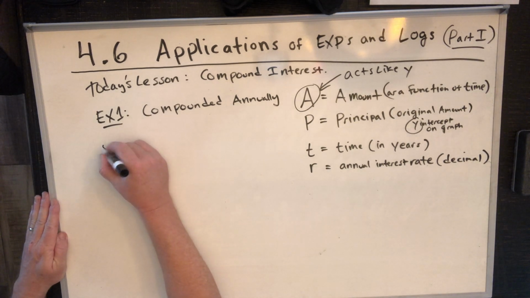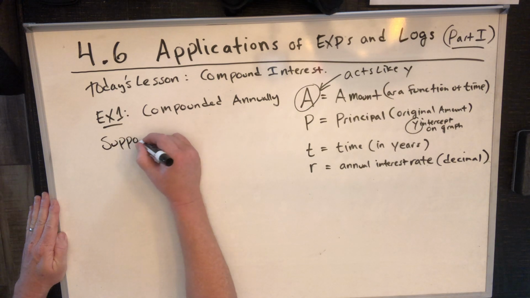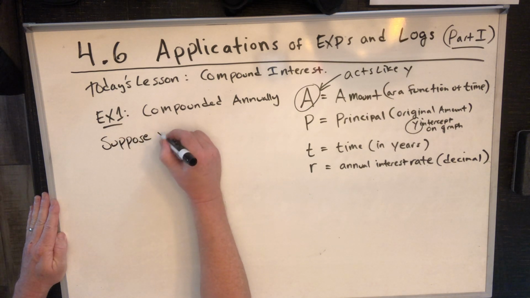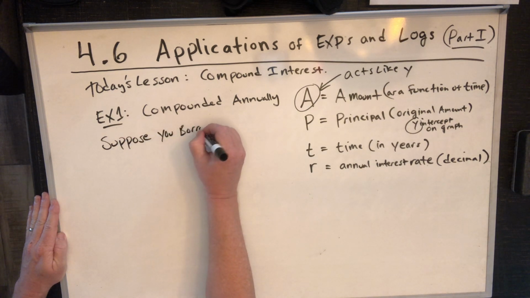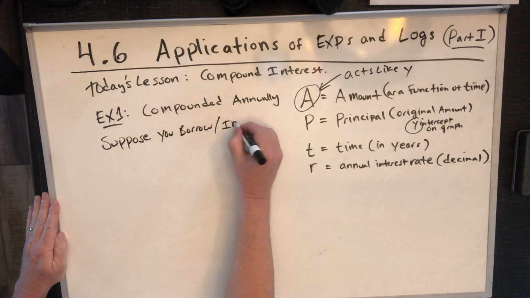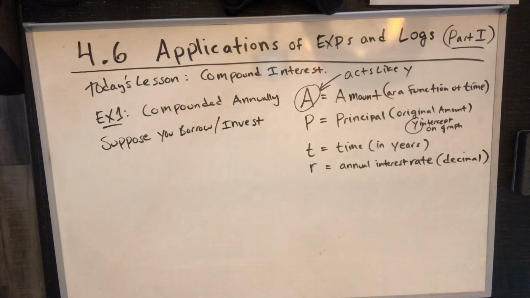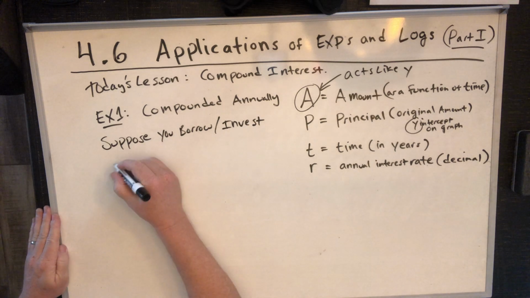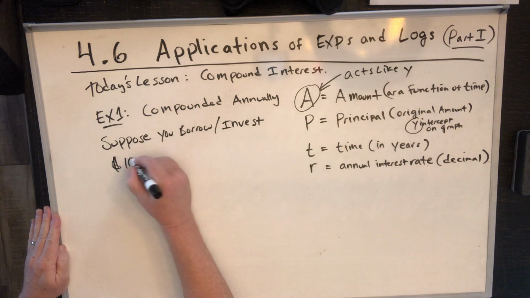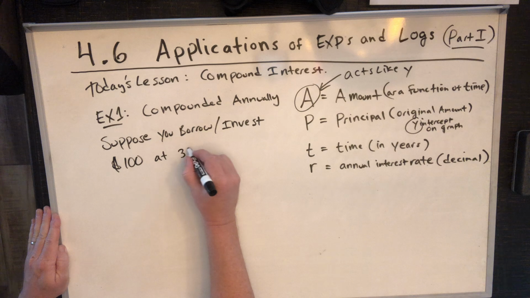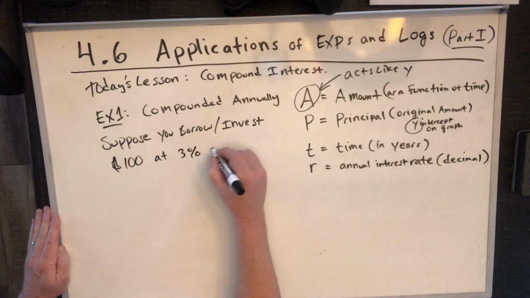So let's suppose you borrow or invest. The same formula can be used in either case. $100 at 3% annual interest.